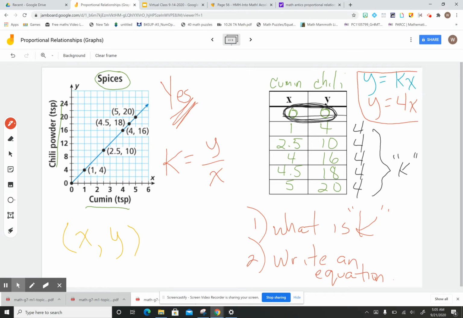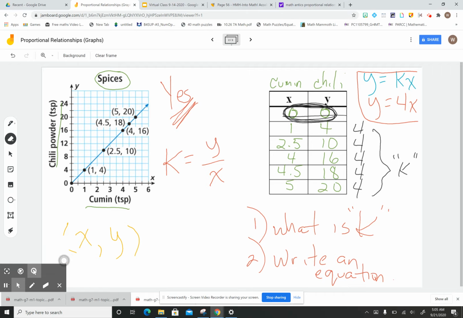So we took values from our graph, made a table, found K, and wrote an equation. Now, the last thing I want to cover is that when you have a graph, you can actually find the unit rate from the graph.